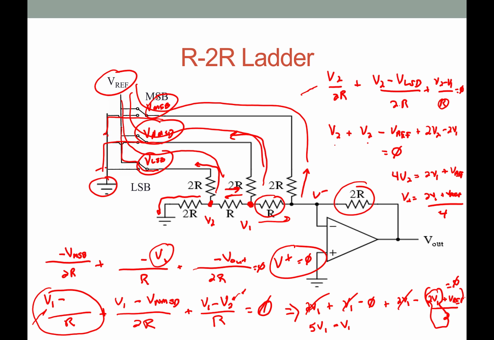So minus Vref over 2, and that's equal to 0. So this gives us, if I move this up here, 4V1 equals Vref over 2.